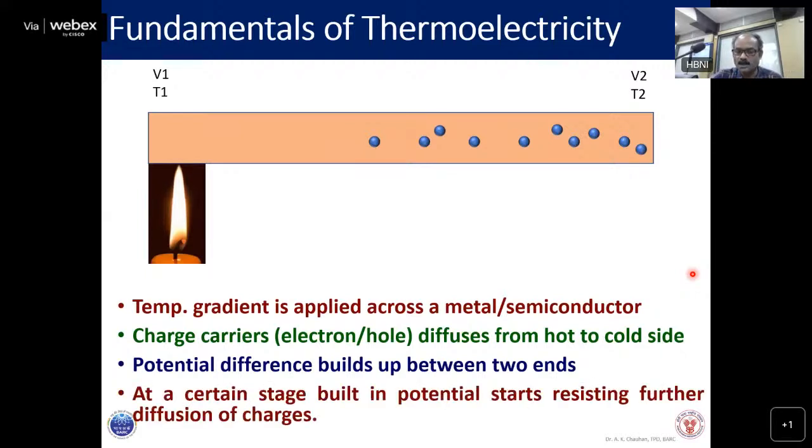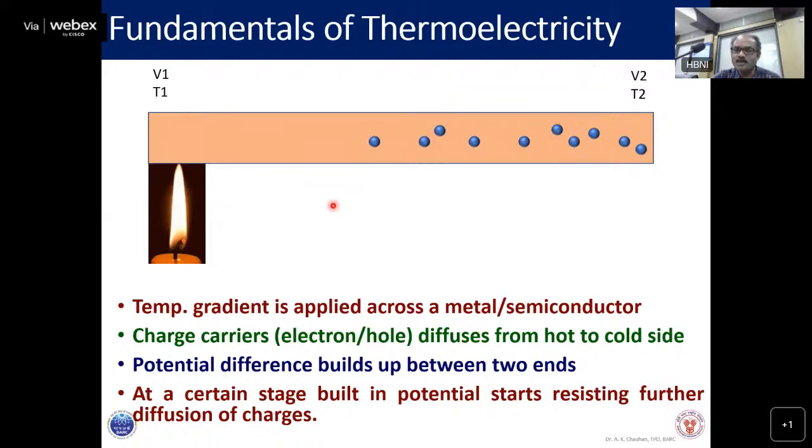At a certain stage, this built-in potential starts resisting the further diffusion of charges. Suppose these electrons have moved to this side, so this portion will be slightly negative and this will become positive. Now even if you heat with more heat, the thermal energy of these electrons will still increase, but since there is a net negative potential here, this built-in potential will try to resist.